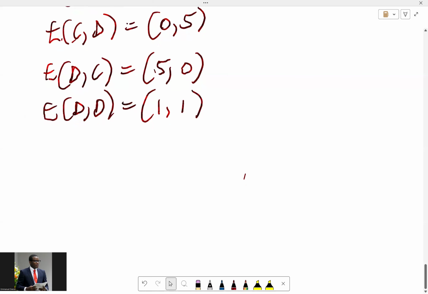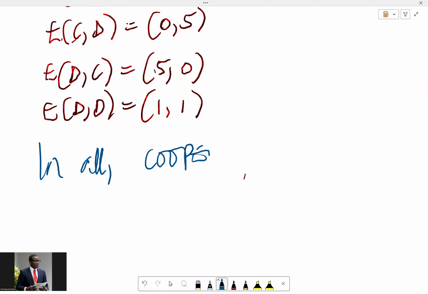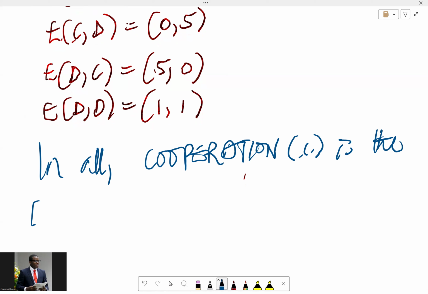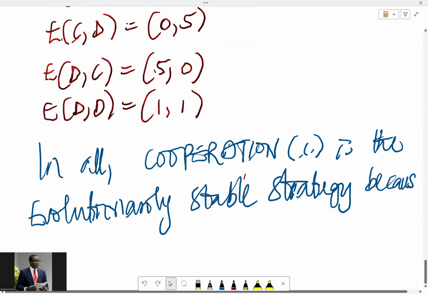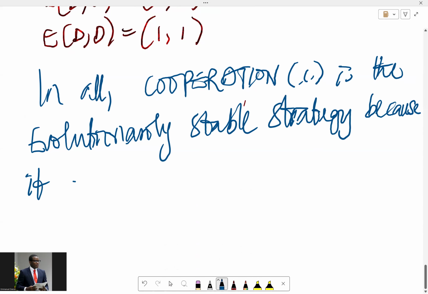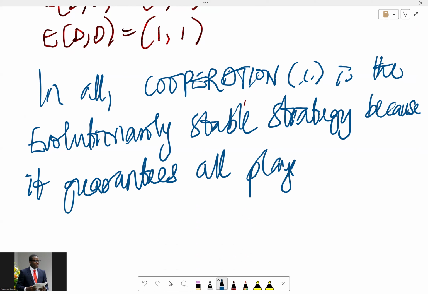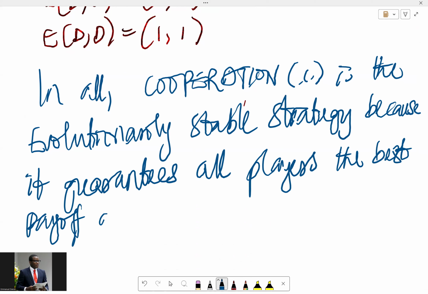So we can see that in all, cooperation, which is C, is the evolutionarily stable strategy, because it guarantees all players the best payoff at the same time.